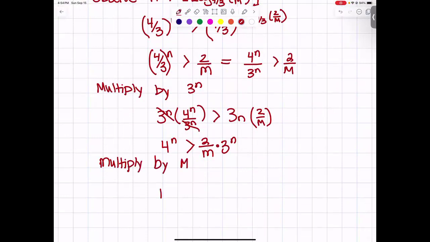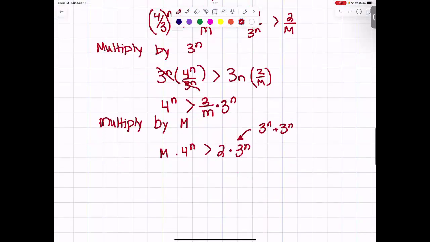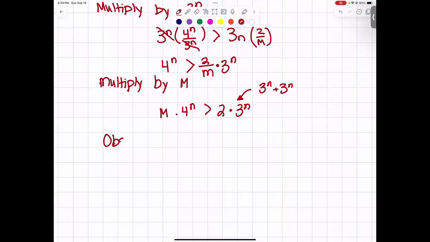We'll end up with m times 4 to the n greater than 2 times 3 to the n. And a reminder what this actually looks like. It's this. We can observe that 3 to the n plus 3 to the n is strictly greater than 2 to the n plus 3 to the n.